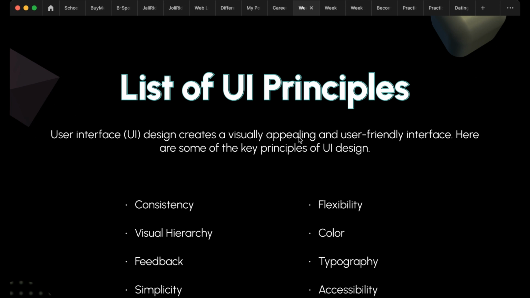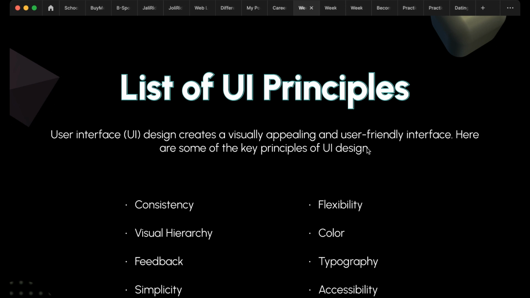Five, we have flexibility. Six, we have color. Seven, we have typography. And eight, we have accessibility. You will see that some key principles are actually the same as UX principles. We have consistency in UX and we also have consistency in UI. So I'm going to explain each of them for you.